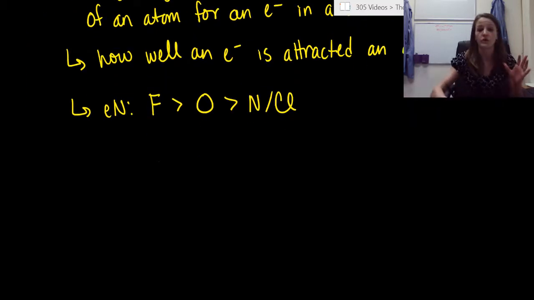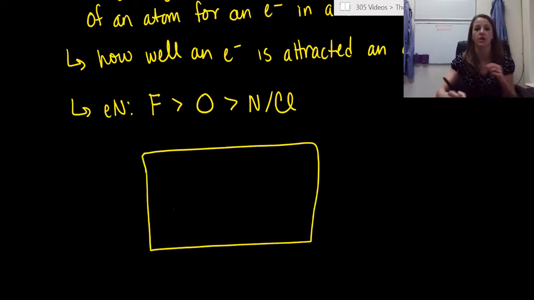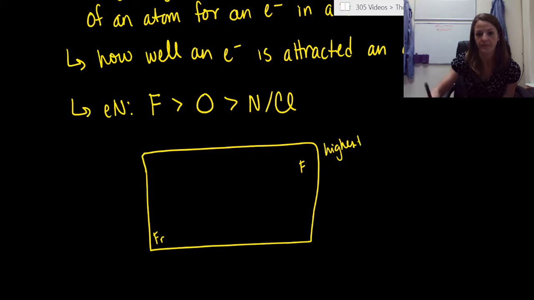But overall, for the global trend in terms of electronegativity, if this is a terrible drawing of a periodic table, basically what we can say is fluorine is over here in this corner, and then we have francium over here in this corner. And so what we know is that fluorine has the highest electronegativity, and then francium has the lowest electronegativity.